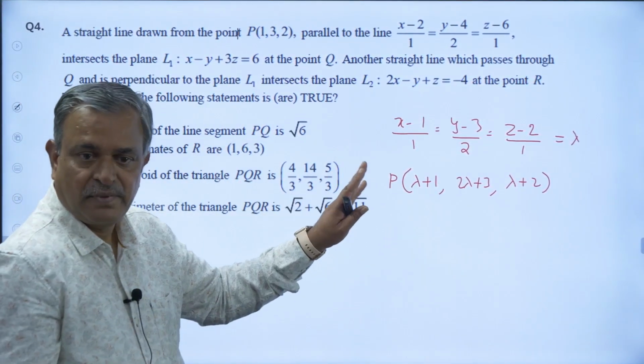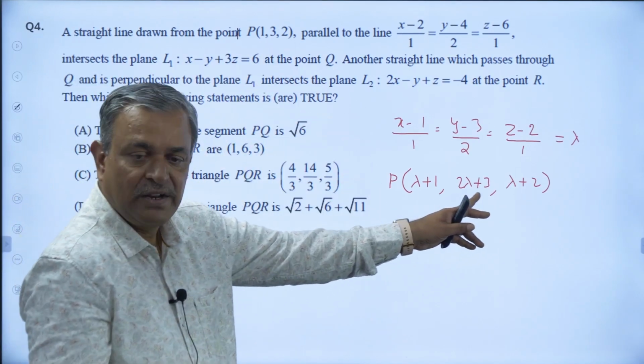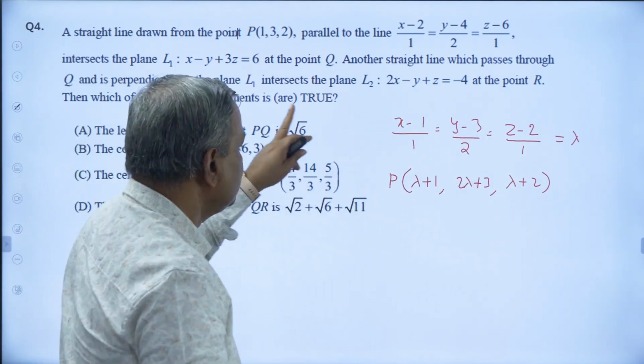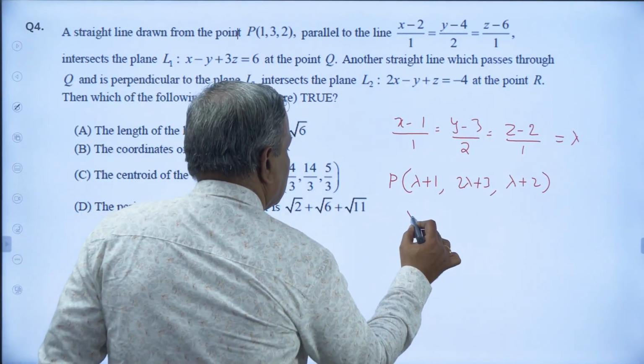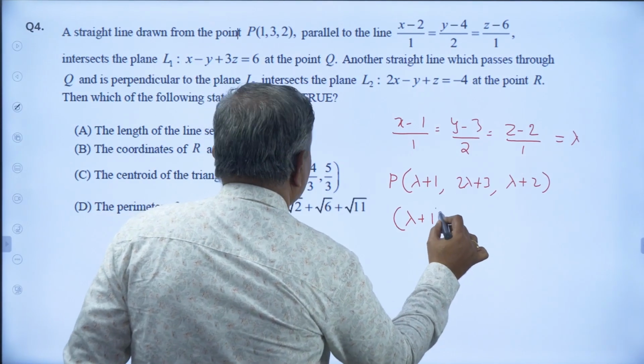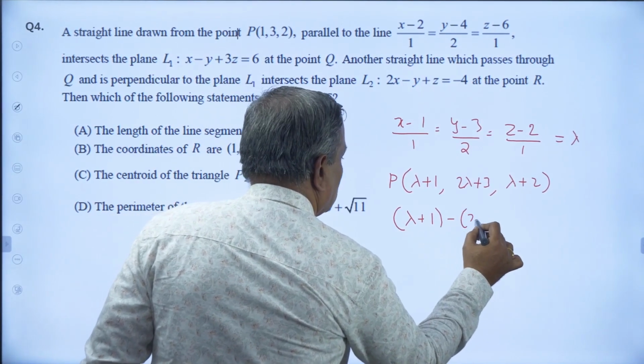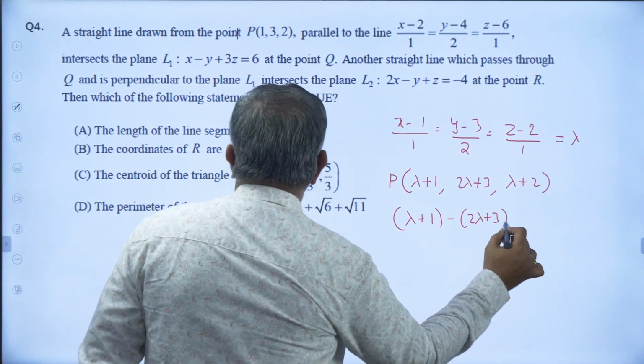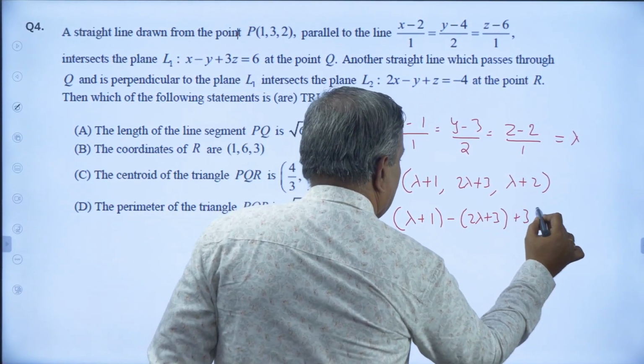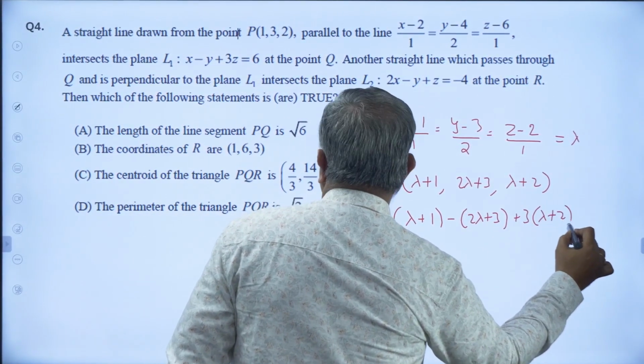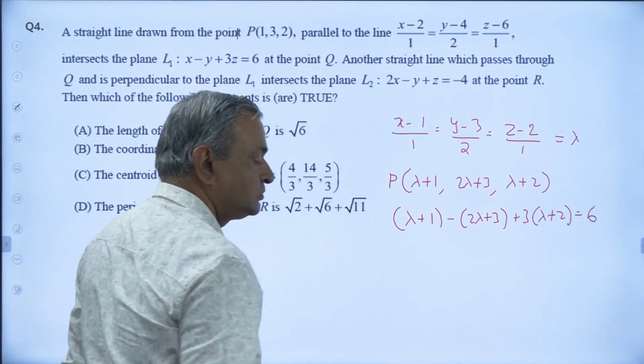Intersect the plane. So this line is intersecting the plane. Substitute that value. We get lambda plus 1 minus (2 lambda plus 3) plus 3 times (lambda plus 2) is equal to 6.